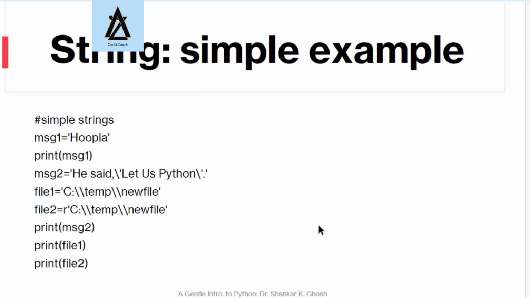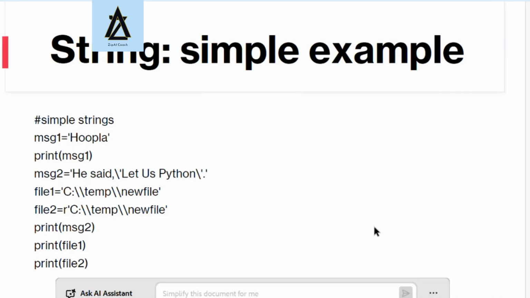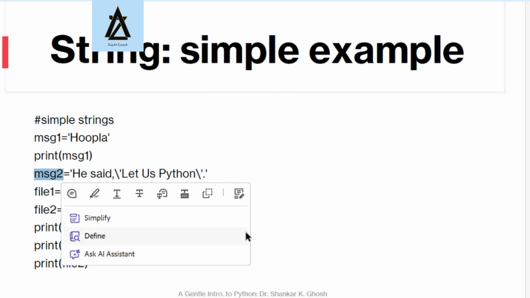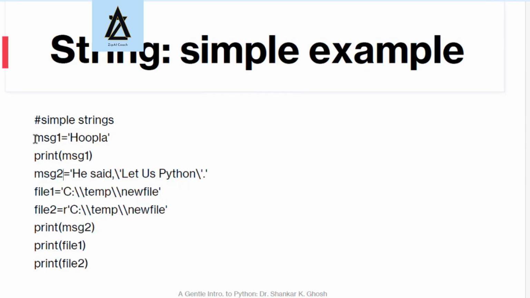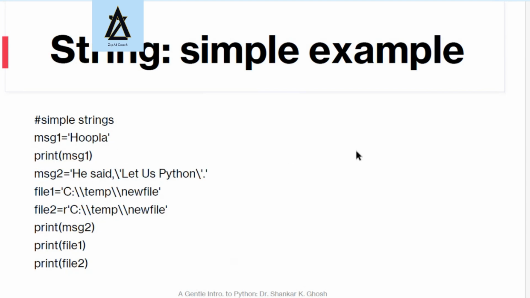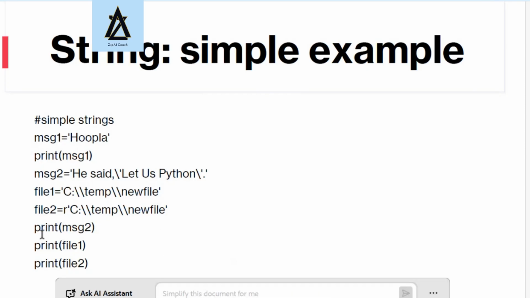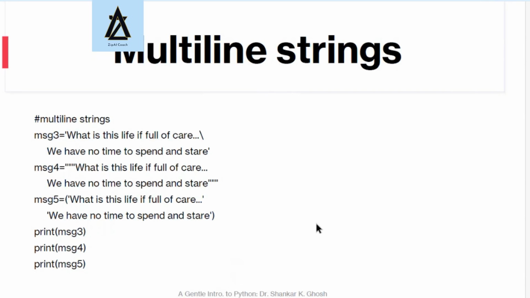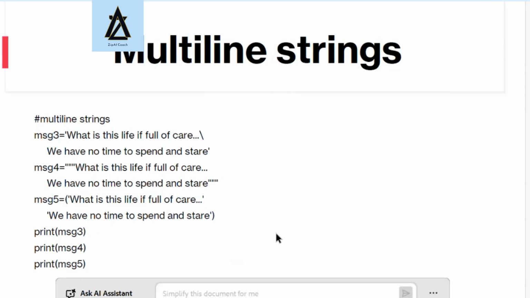Next comes the string. Here are some examples of how strings are represented in Python. It is basically a sequence of characters. For example, if you write message 1 equal to something, then print message 1, you will get that message. If you write like this and then print message 2, I request you to check what you get. Here are some examples.